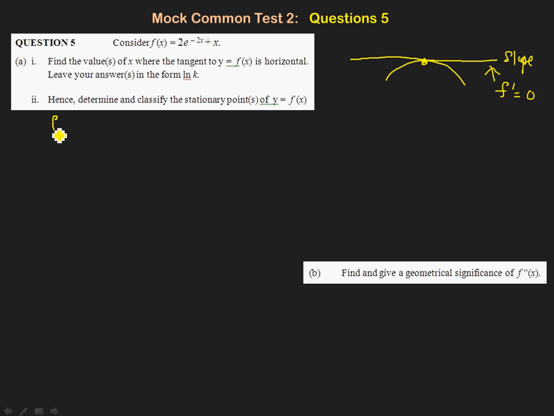Given your f(x) equals 2e^(-2x) + x, f prime x is therefore negative 4e^(-2x) + 1. Now we know that f prime x is 0 because of this horizontal tangent given to you.